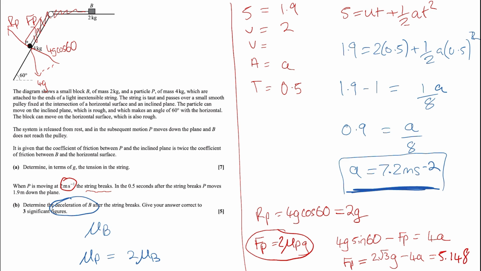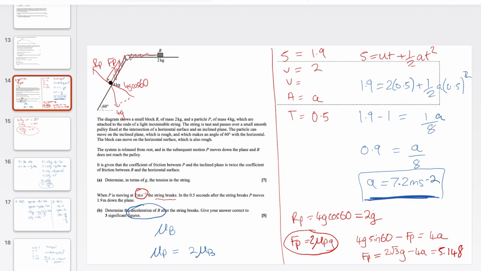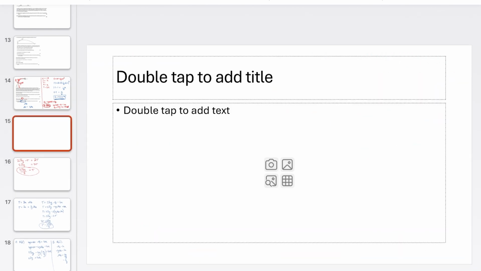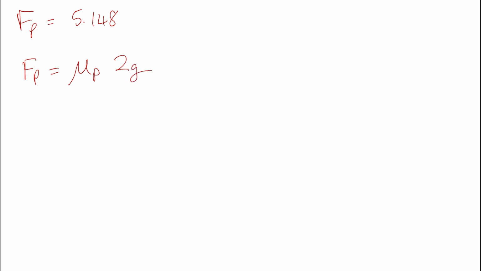Okay, so let's go over to the next slide. Okay, there we go. So we've just worked out that FP is 5.148, but we also know that FP is mu P lots of, what did we say, 2G? So mu P is FP over 2G.